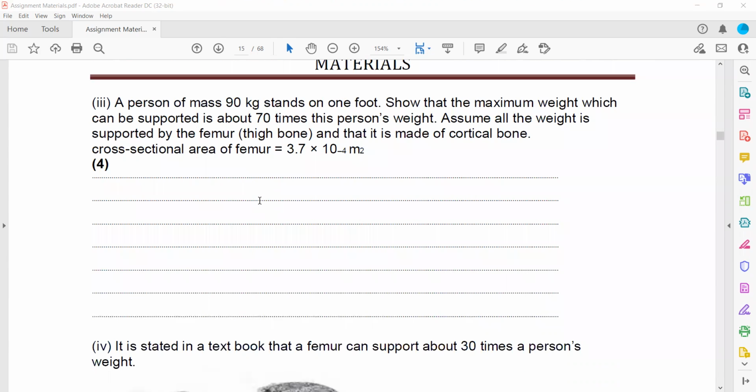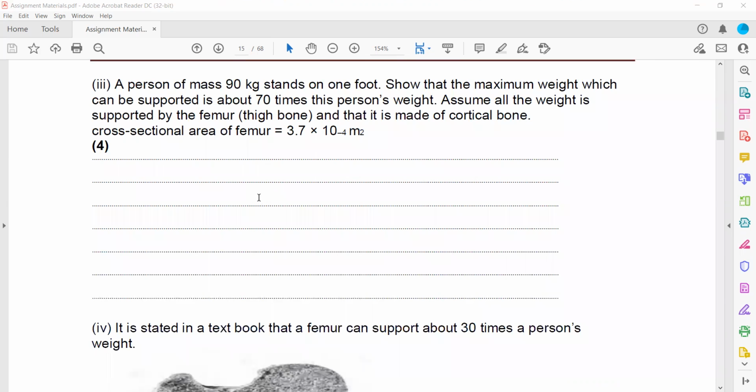Then a person of mass 90 kilogram stands on one foot. It shows that the maximum weight that can be supported is about 70 times this person's weight. Assume that all the weight is supported by the femur, the thigh bone, which is made of cortical bone.